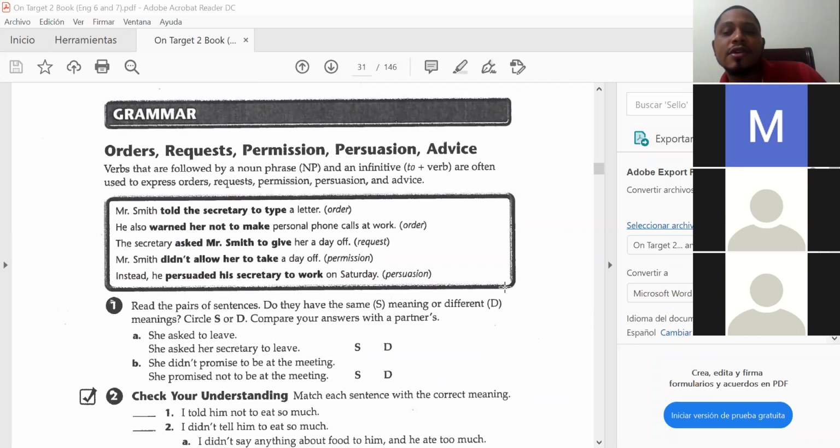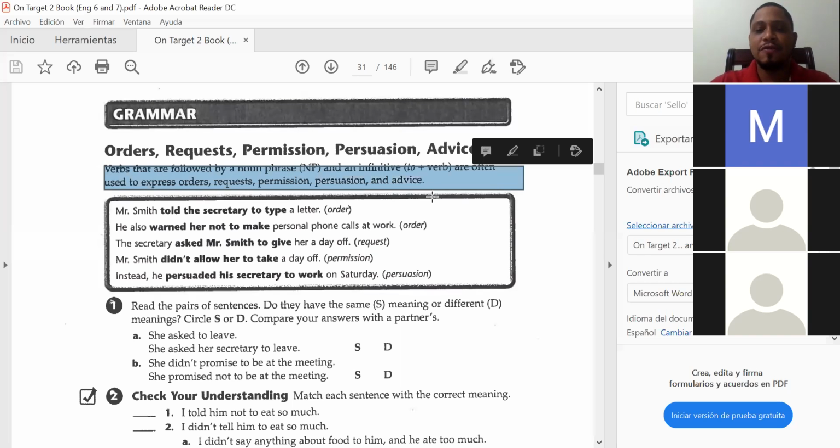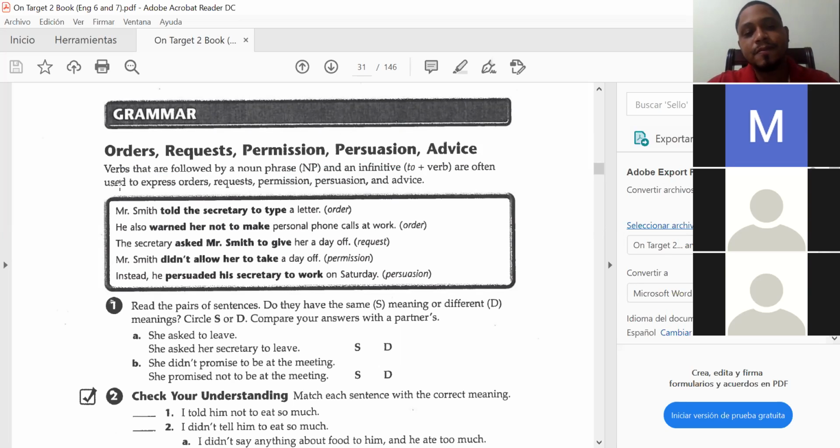And you know all these verbs because you use them, and we're gonna have a list of them that you will have to classify. But let's go to the explanation first. As you can see here, it says, verbs that are followed by a noun phrase.